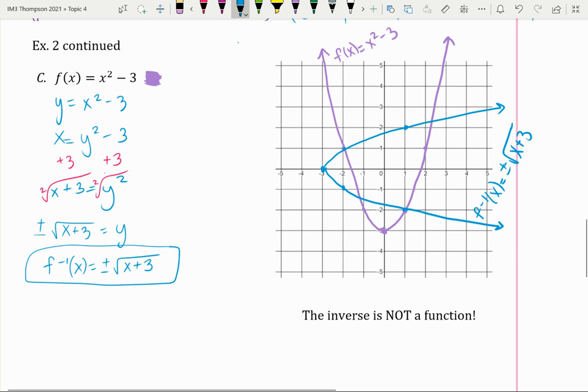The second part of the question says, is the inverse a function?